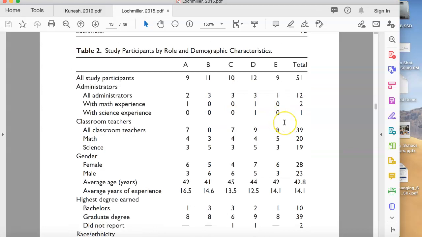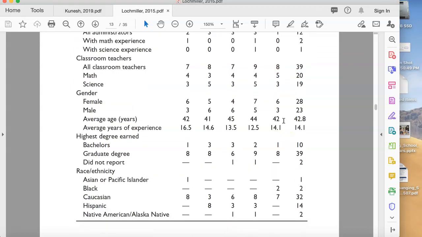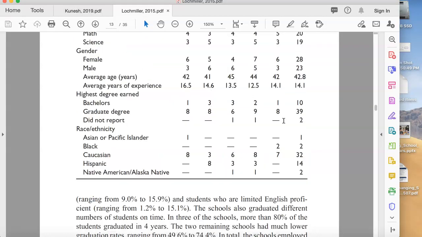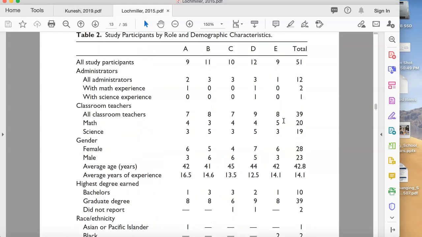Here's some more about the participants, the people he interviewed. This is important as well. You don't need to worry about taking specific notes. You might notice, okay, how many people is he interviewing across these schools? Who are these people? Are most of them white males?